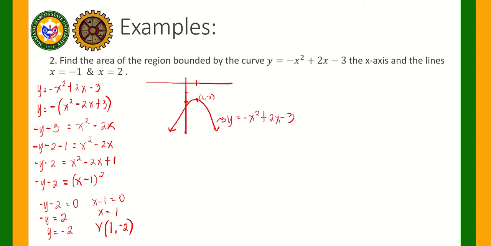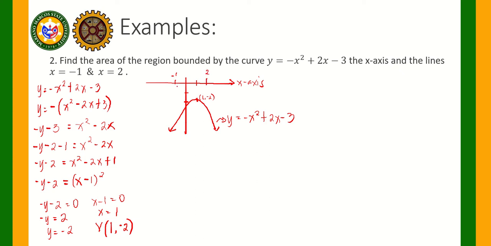So, ano yung area na kukunin natin? It is a region bounded by the curve. Okay, this is our curve, negative x squared plus 2x minus 3. The x-axis. So, this is our x-axis. And the lines x is equal to negative 1 and x is equal to 2. Okay, so yung x is negative 1 natin will be here. This is negative 1.